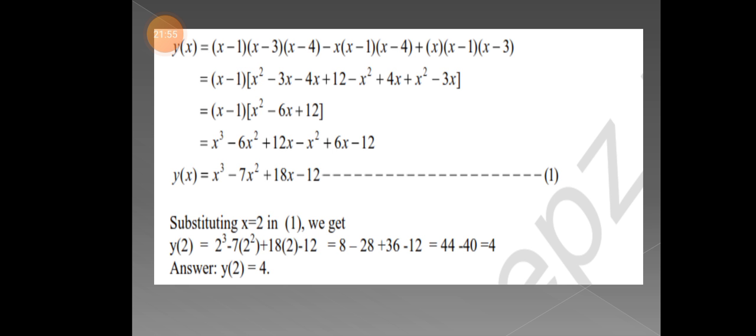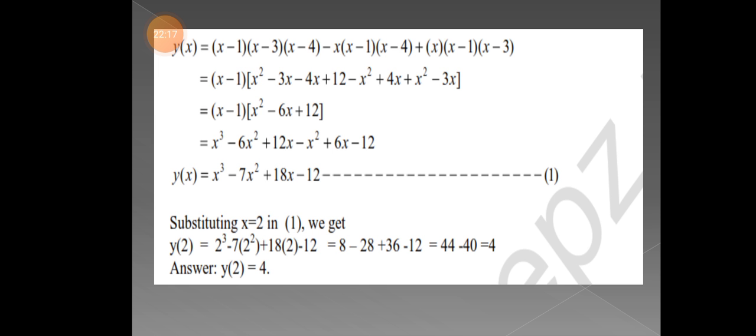That's why they have written x minus 1 as a common factor, and within the bracket they have written x square minus 3x minus 4x plus 12 minus x square plus 4x plus x square minus 3x. This was given. And in the next line they have completely calculated the value as x square minus 6x plus 12.